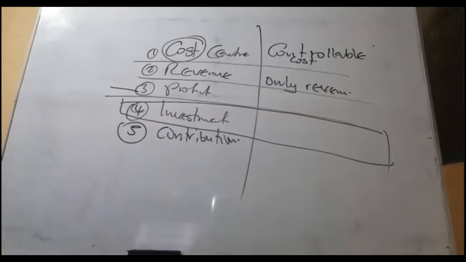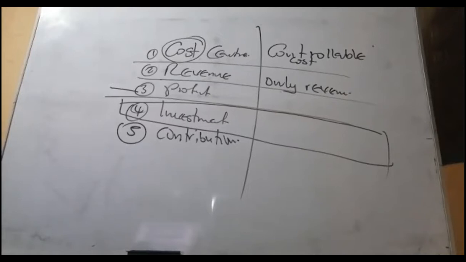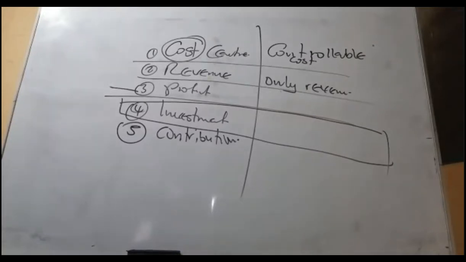How will the company get the asset? How does the company get investment? That's all. We are done. Now let's go to the measurement. So measuring the divisional performance. How do you measure the divisional performance? We are going to use two important measures.